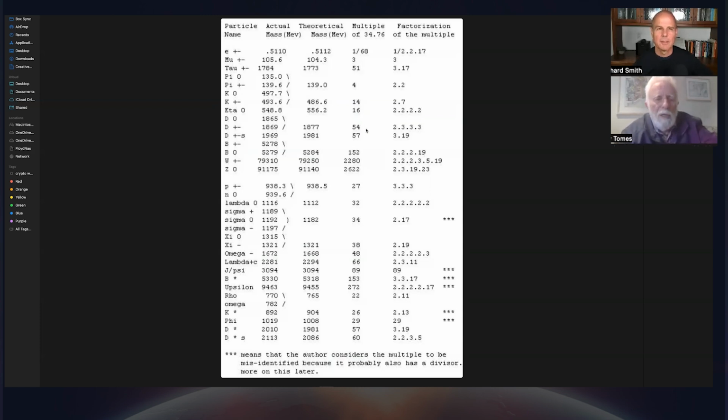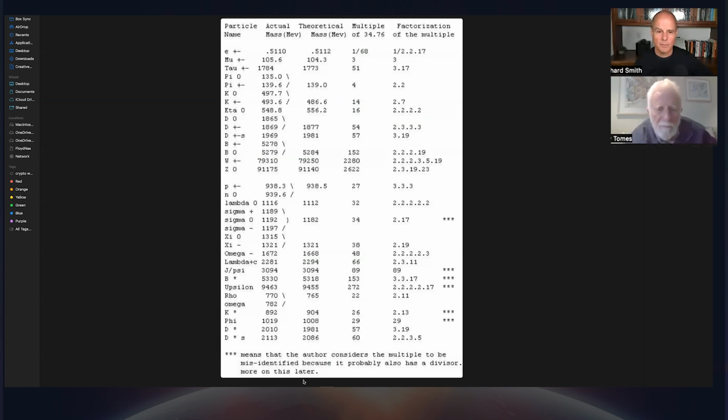Well, we're looking at the actual mass, like 105.6 for the muon, and this one says it should be 104.3. So it's a little bit out, but not much. It's the same sort of difference as you get with the elements. It should be 104.3 because that's 3 times 34.76. That's correct. So these are the multiples of 34.76.